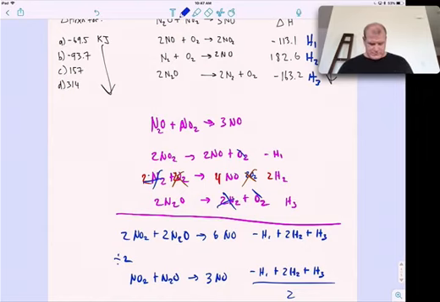Plus 2 times 182.6. And then, oh, times 2. Oh, sorry, there, 2, 2. And then H3 minus 163.2. And that divided by 2, we get 156.